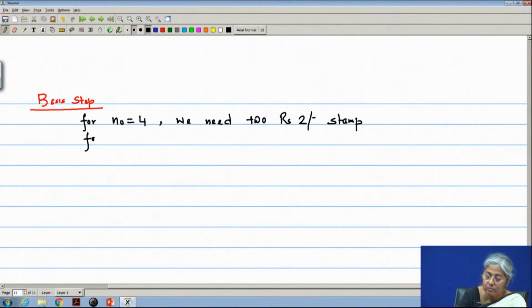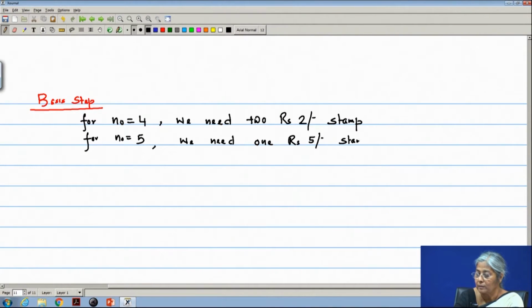For n0 equal to 5, we need one rupees 5 stamp. So, postage of rupees 4 and rupees 5.